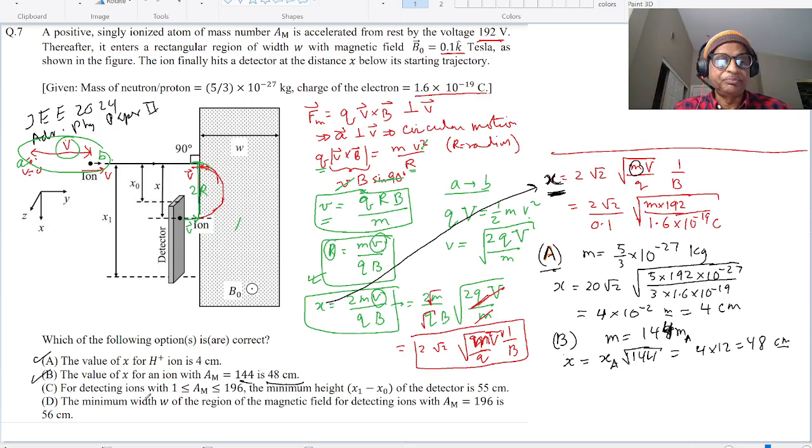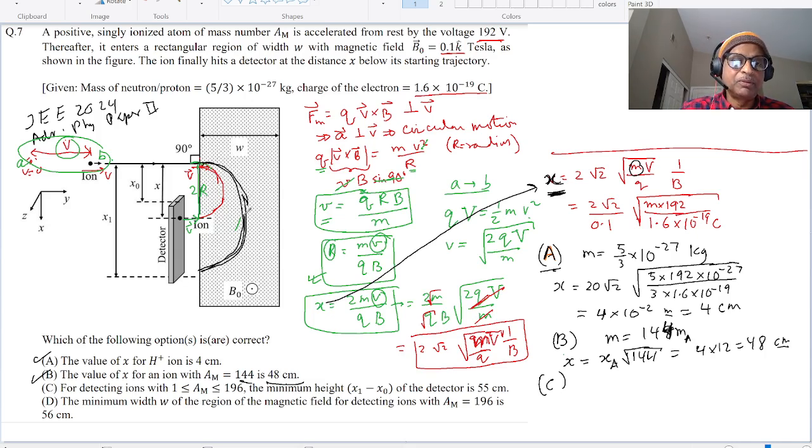So how about doing C? For C, we already know that x A is the minimum here, and if you have more massive particles, it comes out bigger and bigger like that.